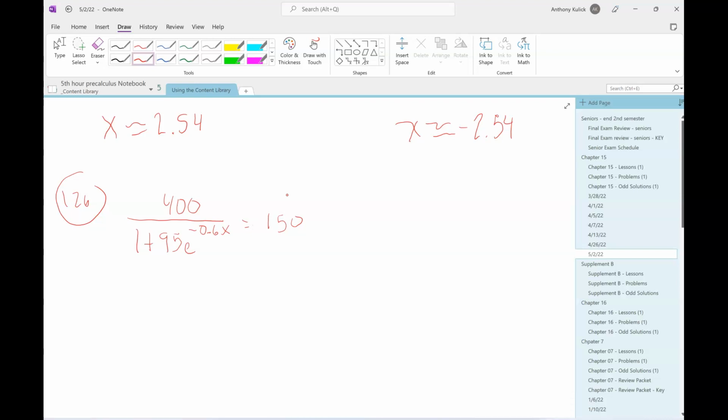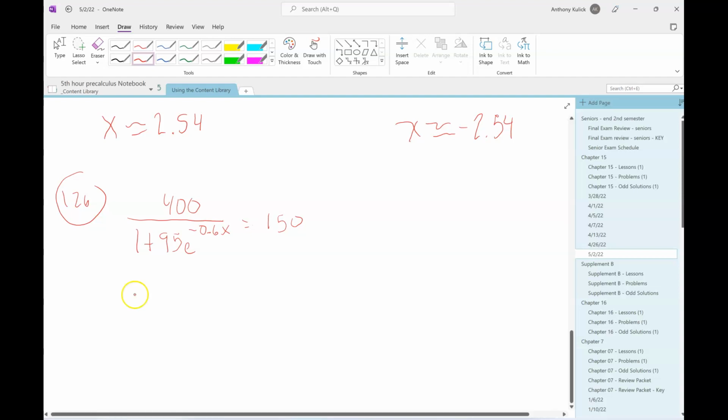One major problem right away that I noticed when solving this: my variable is in the denominator of the fraction. The first thing I would do is solve that problem. So to solve that problem, I'm just going to take the reciprocal of both sides.